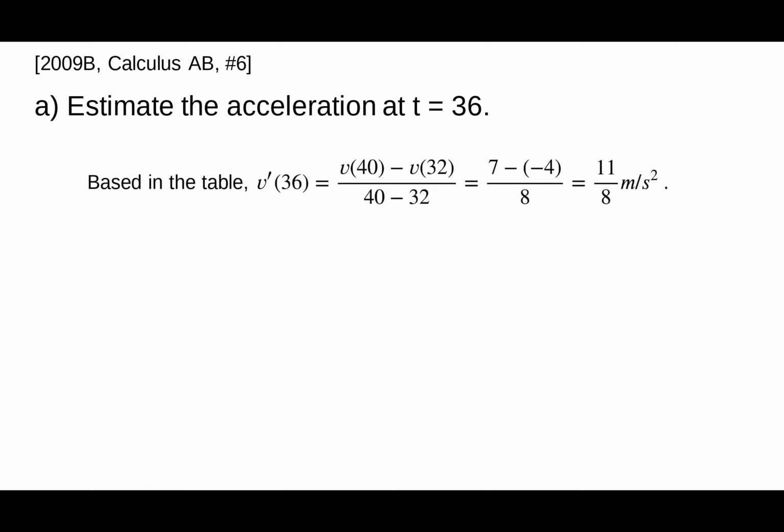So based on the values in the table, the acceleration, which is the derivative of the velocity function at time t equals 36, we would estimate using v of 40 minus v of 32 over 40 minus 32. Importing values from the table, we get 7 minus negative 4 all over 8. And so the acceleration at time t equals 36 would be about 11/8 meters per second per second.